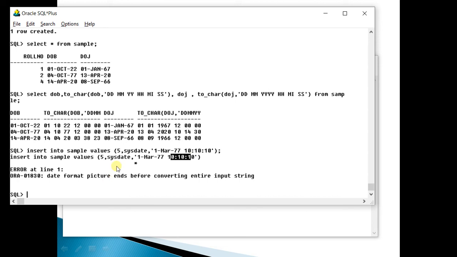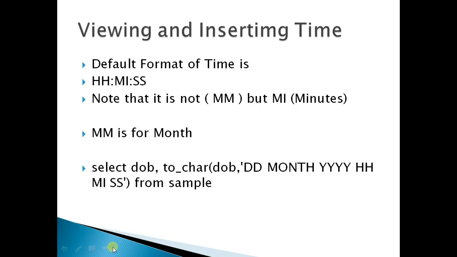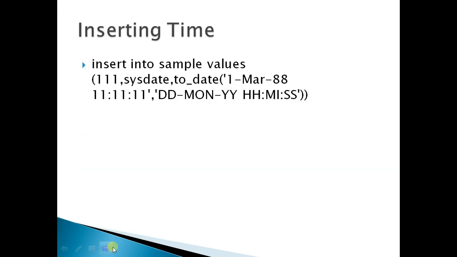So to enter time, you have to use another function, that is the toDate function. Whenever you want to insert the time, you will have to use a toDate function like this: insert into table name values, this is system time, toDate. In toDate, you give the date and time, and you specify which portion represents what element. For example, 1 is DD, MAR is MON, 88 is YY, 11 is HH, 11 is MI, and 11 is SS.